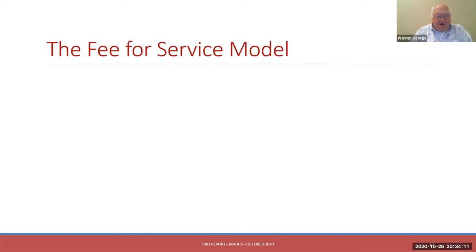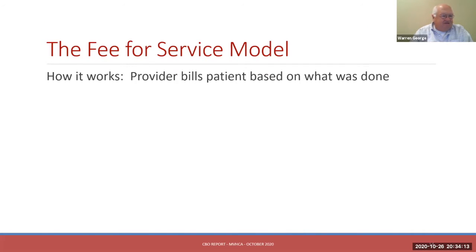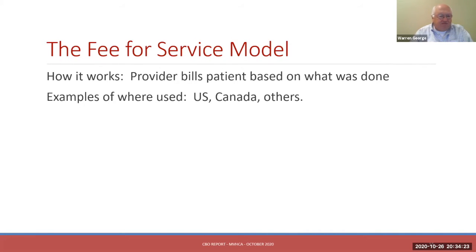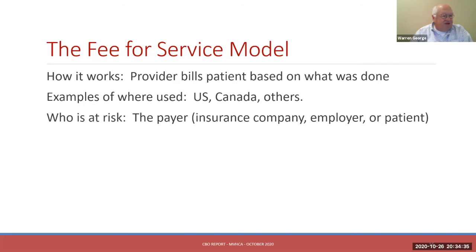Going through these 5 models one by one, the fee-for-service model works by the provider presenting a detailed bill of the services which were provided in every patient encounter. Examples of where used: US and Canada, as well as many other countries, although it doesn't work the same in all countries.